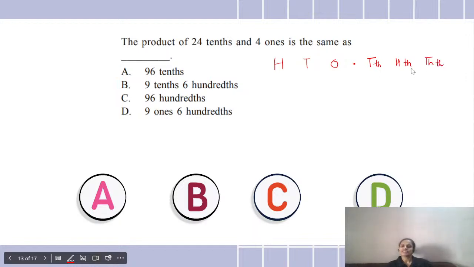I'm writing in short because I don't have enough space to write. So this is tenths, this is hundredths, and this is thousandths. According to the place value, you have to place the numbers and find the correct answer.